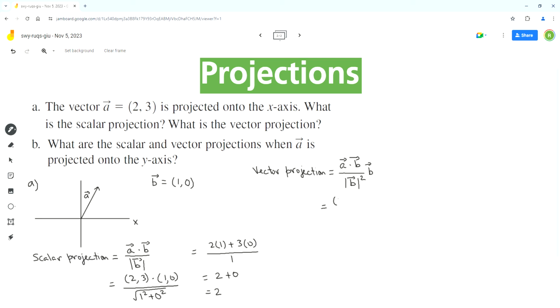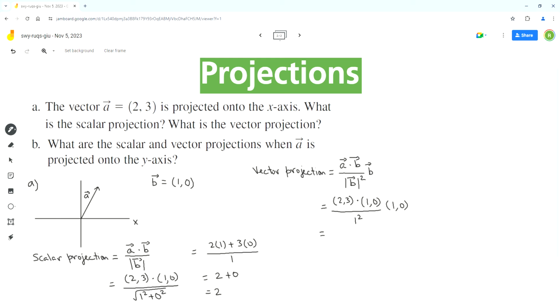So vector A is 2, 3. Now the magnitude of B we calculated in the scalar projection as 1, and vector B is 1, 0.